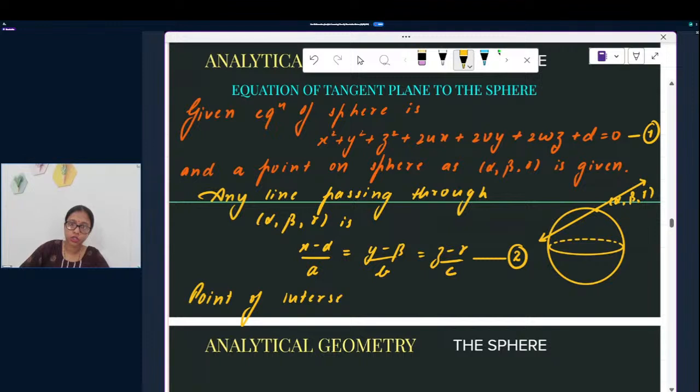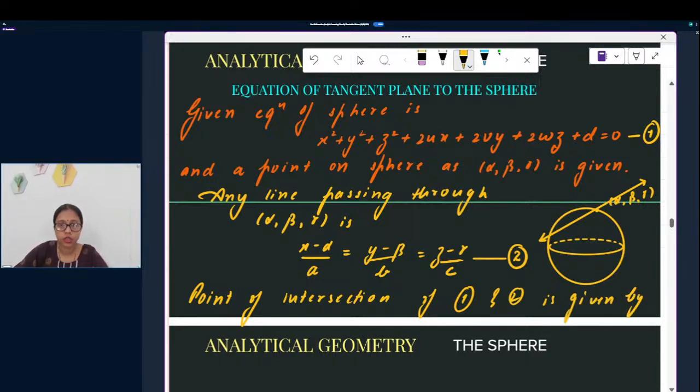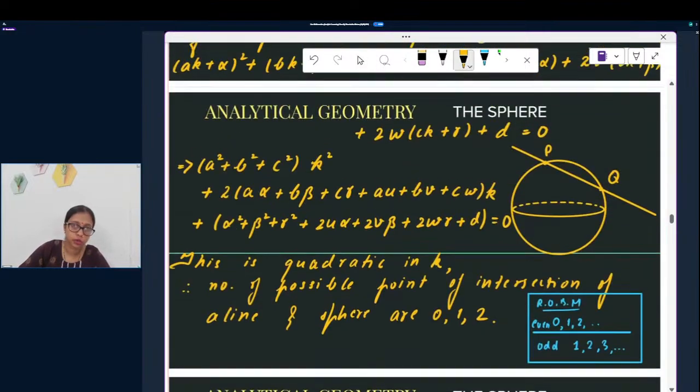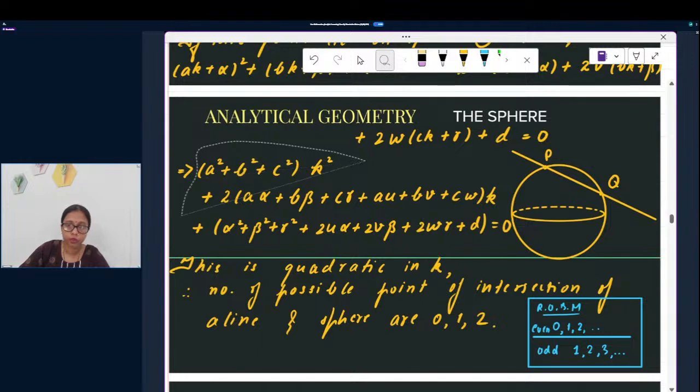The point of intersection of 1 and 2 is given by, let's write down the equation. Note, beta, this is the equation I'm writing, because it's the same.